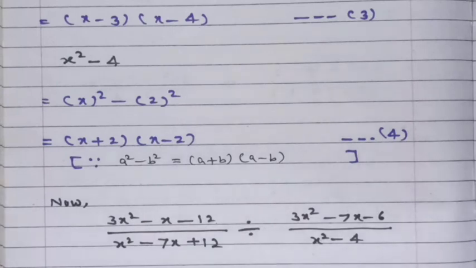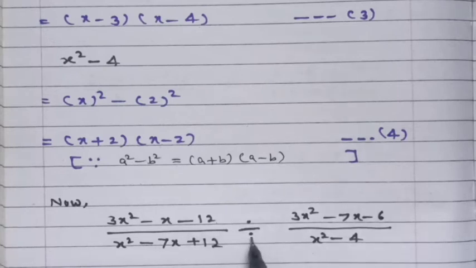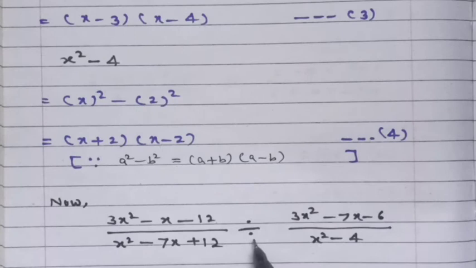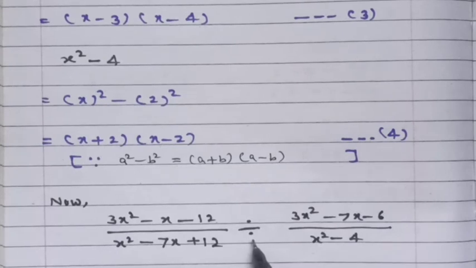Now write the equation. 3x square minus x minus 12 upon x square minus 7x plus 12 divided by 3x square minus 7x minus 6 upon x square minus 4. Now my dear students, here it is division, so you have to convert into multiplication.